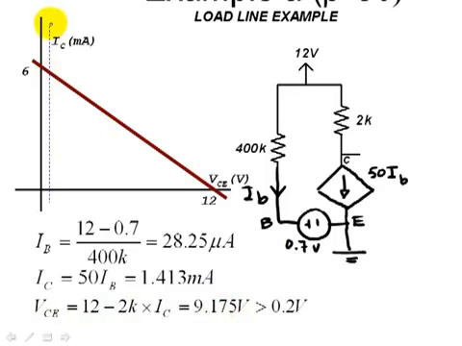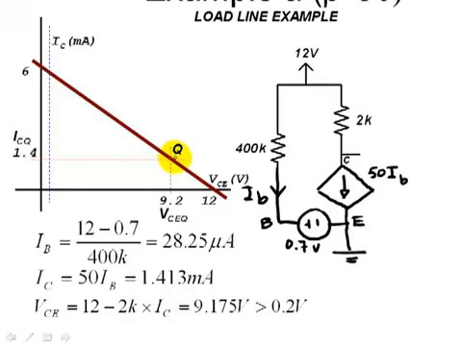We have to mind the saturation line at 0.2 volts. And here we have VCQ is 9.2. Is the VC at the Q point. We computed that before, and the current in the collector at that point is 1.4 milliamps, which we will relabel as ICQ.